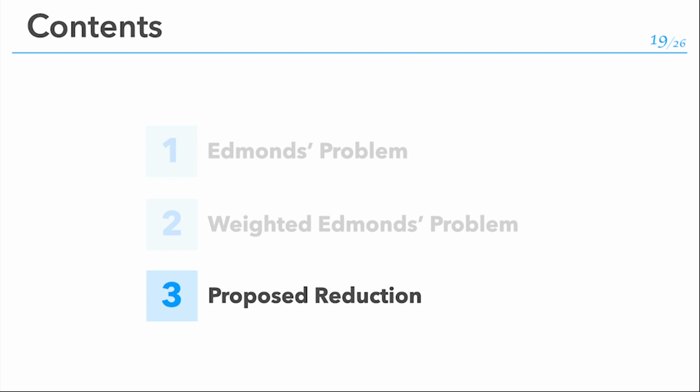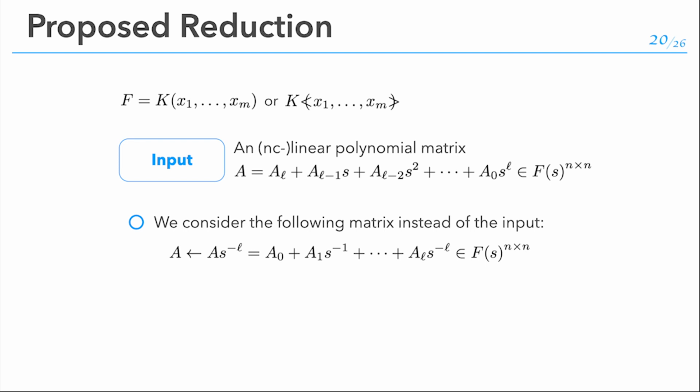Okay, I talk about my proposed reduction in the remaining time. Suppose that F is a field, K of x1 to xm, or a free skew field.